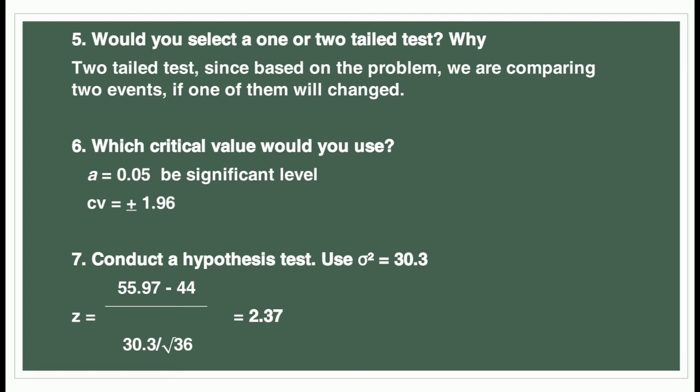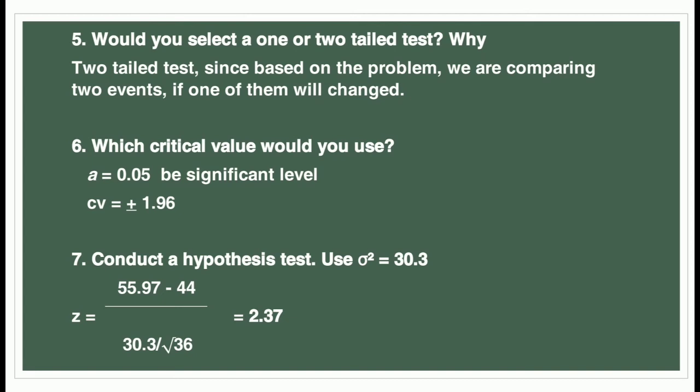The next question is, which critical value would you use? At alpha is equal to 0.05 significance level, critical values are positive and negative 1.96. Next is conduct a hypothesis test. Use standard deviation is equal to 30.3.